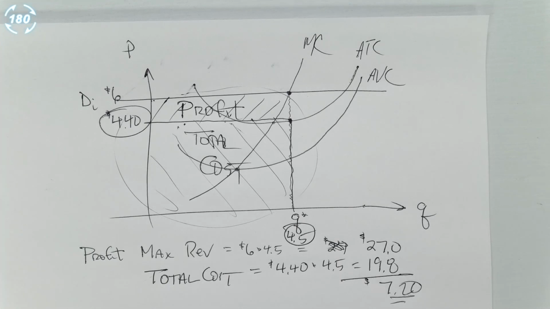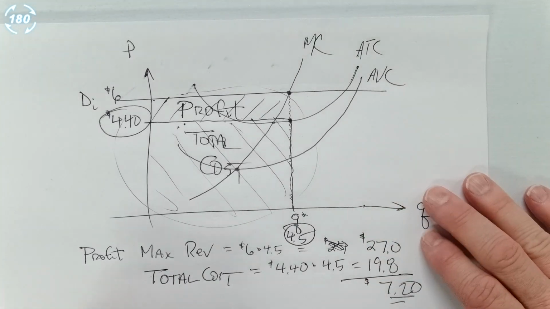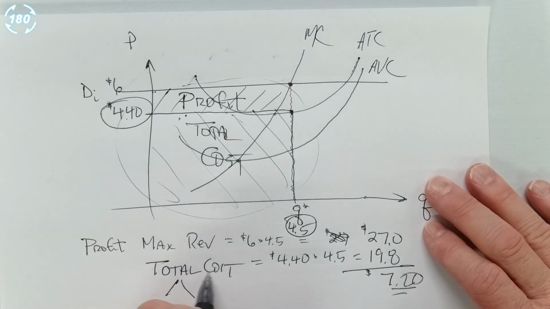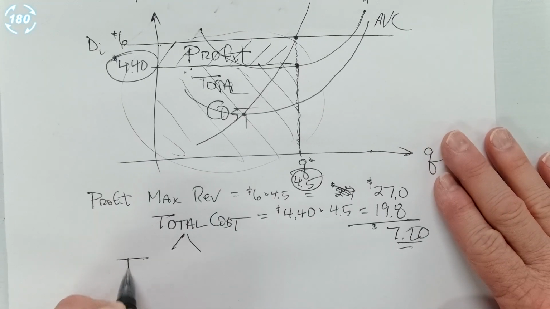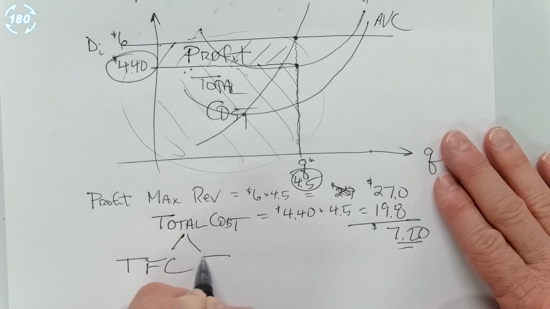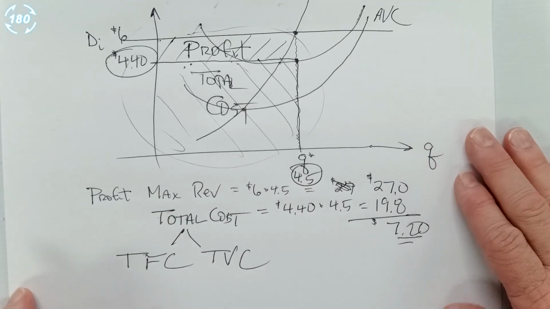Okay. Because the average total cost is above the average variable, is it assumed that you already took out the cost of the average variable? Okay, good question. Let's look at that. You're going a little deeper in the diagram, which is very important. Total cost has two parts to it, right? Total fixed cost and total variable cost.